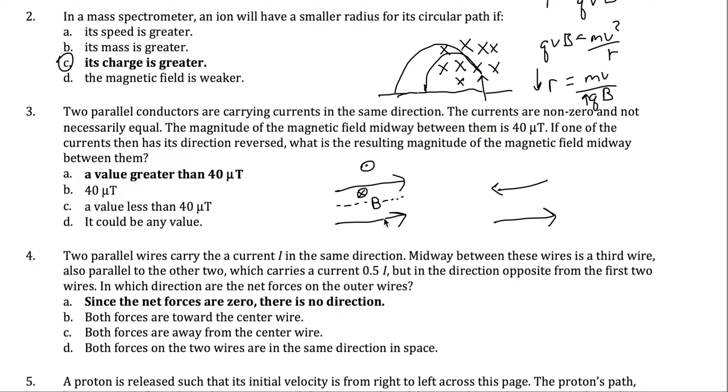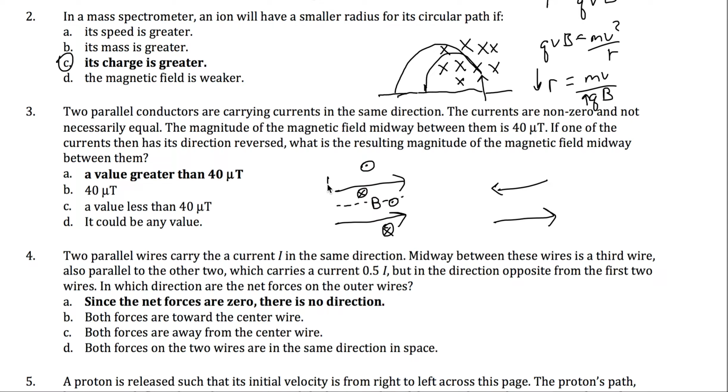And then for the bottom wire, the current's going in the same direction. Anywhere above this wire, the field is going to come out of the page. Anywhere below the wire, the field is going to go into the page, just like for the top wire. But now if you're looking at this region in between the wires, you've got one field going into the page, and I drew it up here, but I could have drawn it in the center.